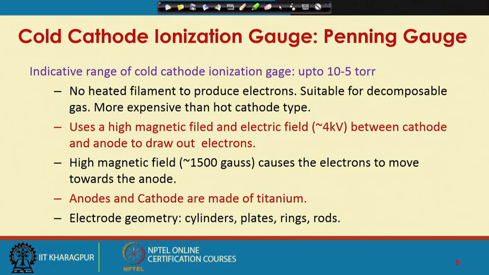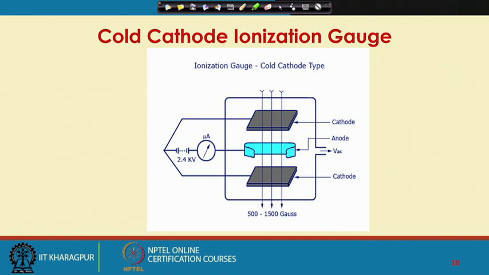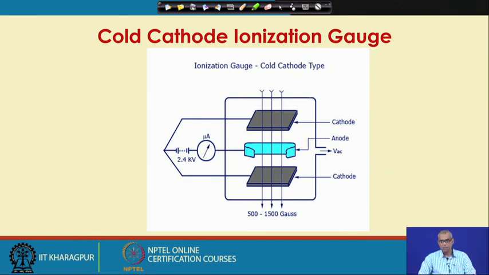Anodes and cathodes are generally made of titanium. We can have different types of electrode geometry such as cylinders, plates, rings, rods. This is a schematic of cold cathode ionization gauge.